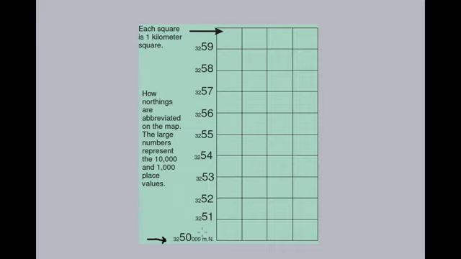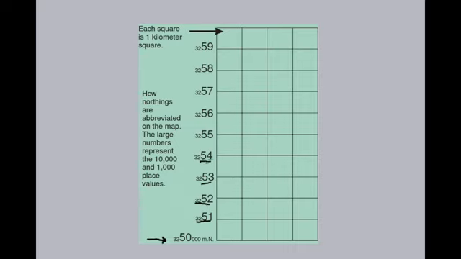And then it just drops off these 3 zeros, and it tells us that this is 3,251,000 meters north of the equator, 3,252,000 meters, 53,000 meters, 54,000 meters. And you notice that the large numbers represent the 10,000 and 1,000 place values.